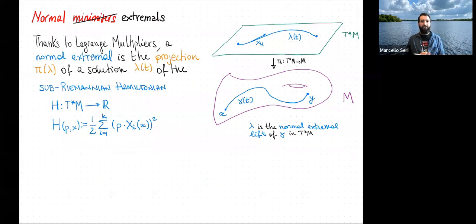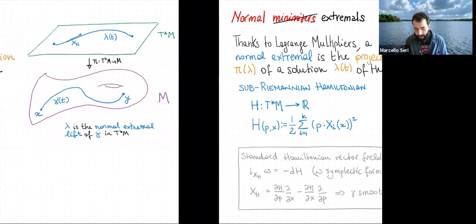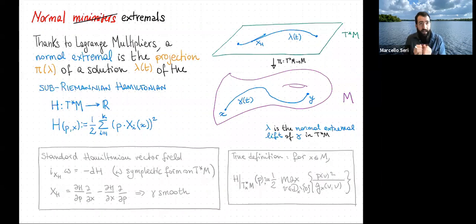And for the normal, everything is nice. You use Lagrange multipliers in the same way you do in mechanics. You have a solution in the cotangent space that is uniquely defined by the covector that projects you to a locally length minimizing curve on the manifold. And you have a nice Hamiltonian. And this is a really standard Hamiltonian.